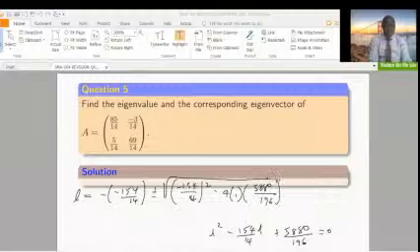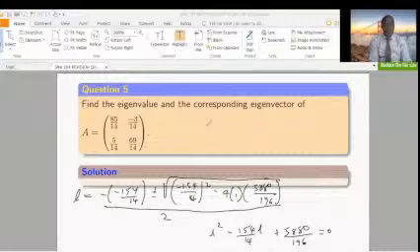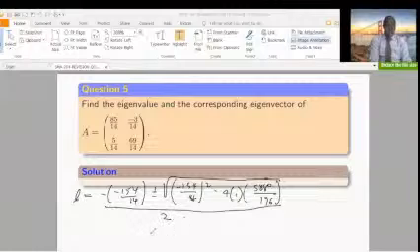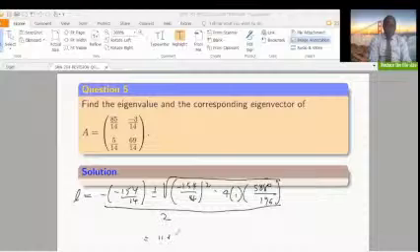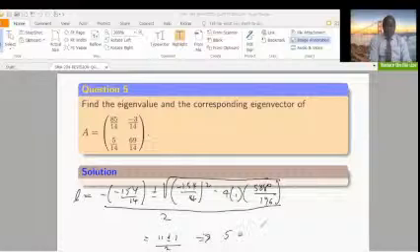So this is lambda, divided by 2 times 1, which is 2. And you know how to use the quadratic formula. So when you do this, you will find that you get 11 plus or minus 1 out of 2, which says that lambda is 5 or 6.